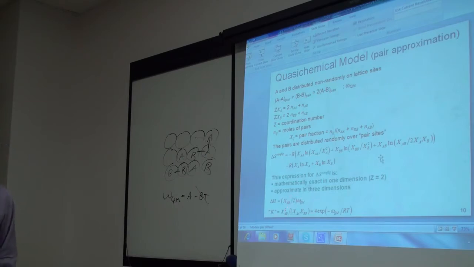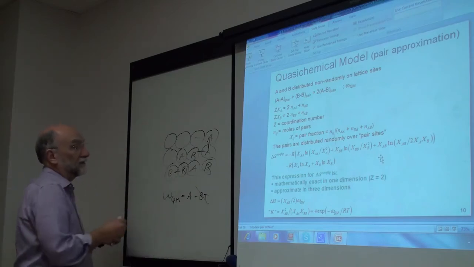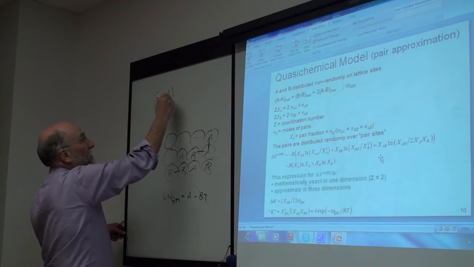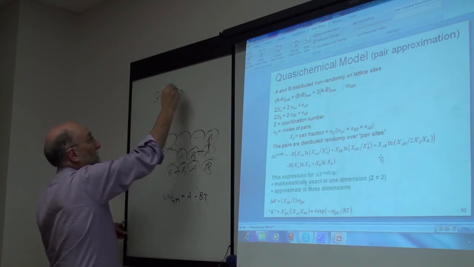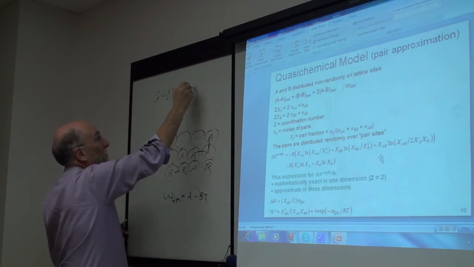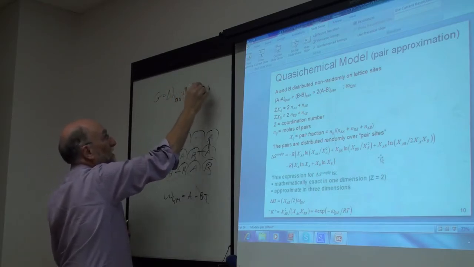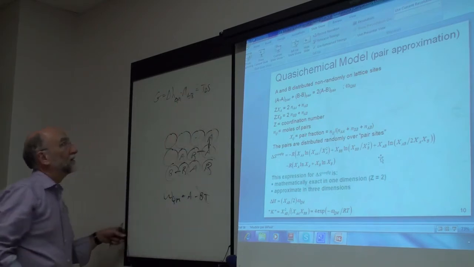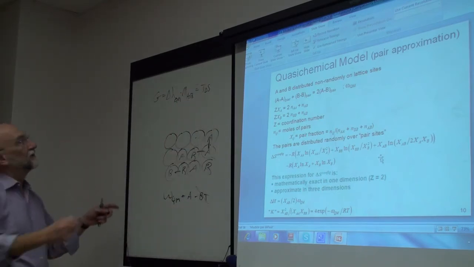And then you do the same thing. You say delta G would be delta H of the quasi-chemical model times the number of AB pairs, minus T delta S. That's the Gibbs energy of mixing.